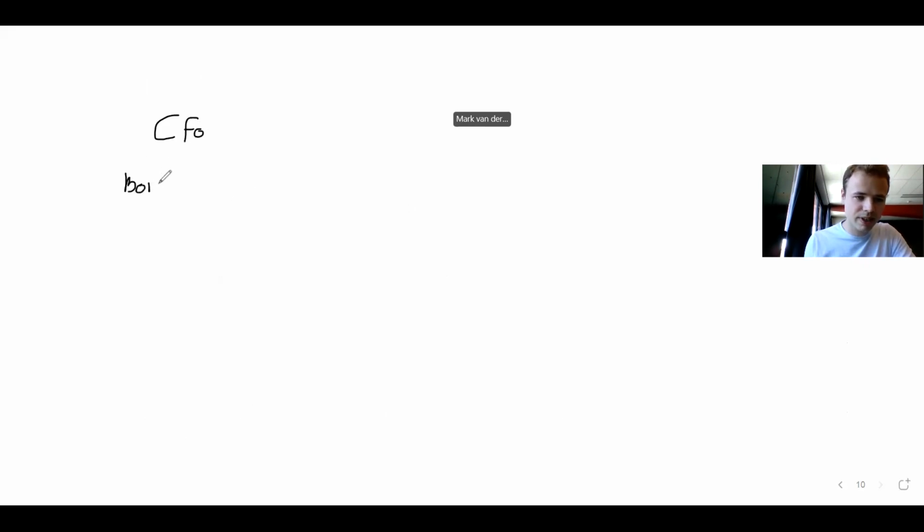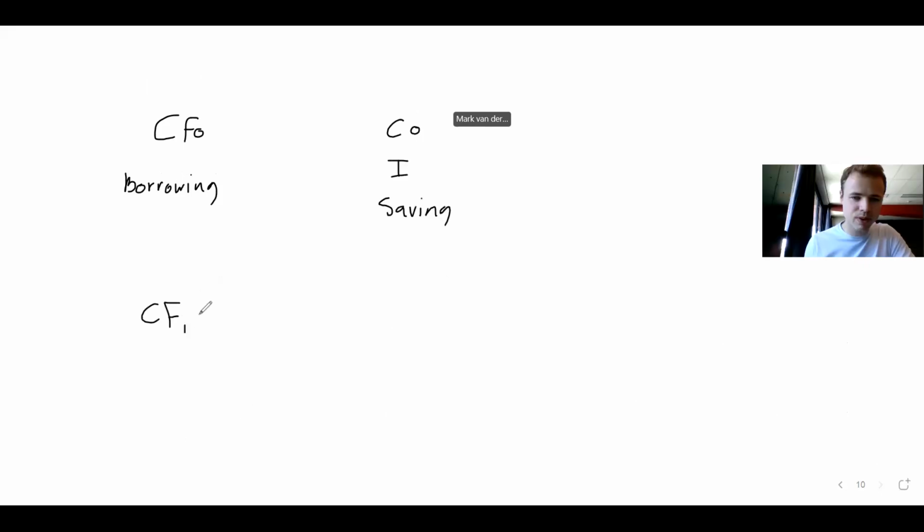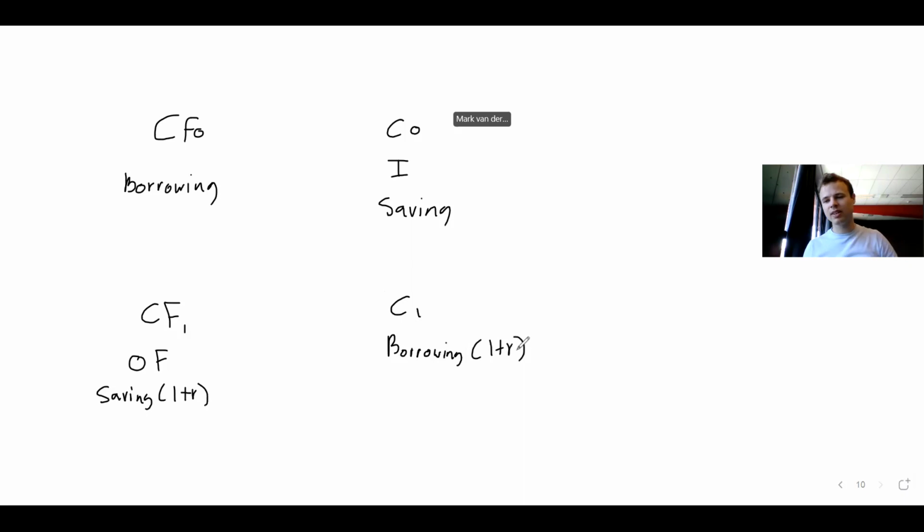CF0, borrowing, C0, investment, saving, CF1, OF, saving times 1 plus R. And then C1, borrowing times 1 plus R. So let me know if you wrote this down. And then we start.